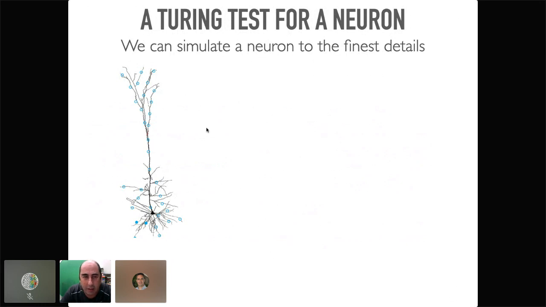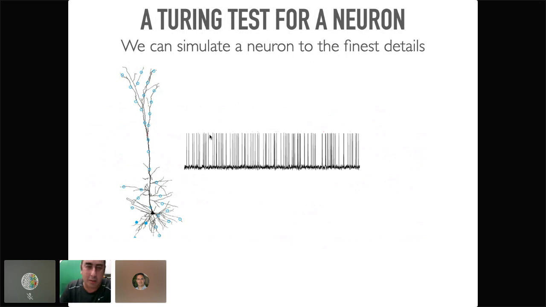And in a sense, it's such a good model that if I show you this output trace, spiking and membrane potential and spiking trace of this neuron as a response to the activity of this input, you would not know if this is an experiment that was done, or a recording, or a simulation, because the simulation can fit every experimental piece of data that we have from these neurons.